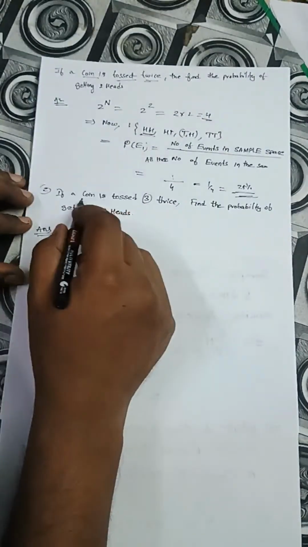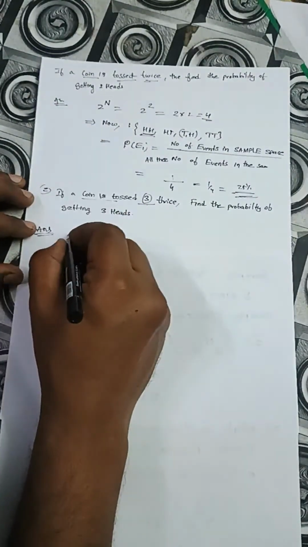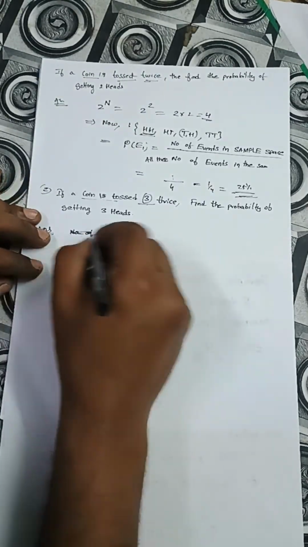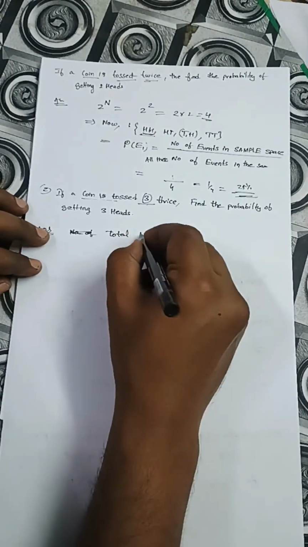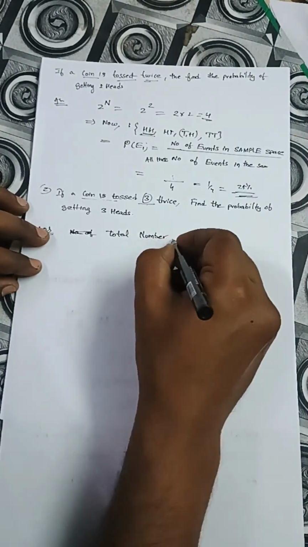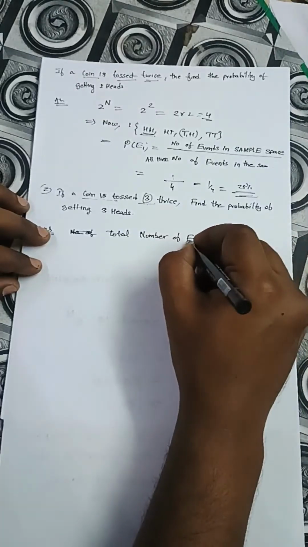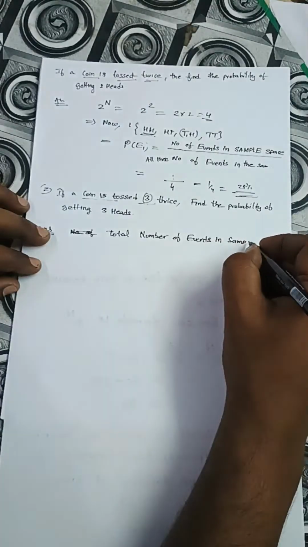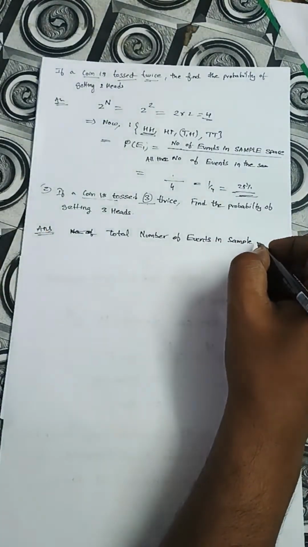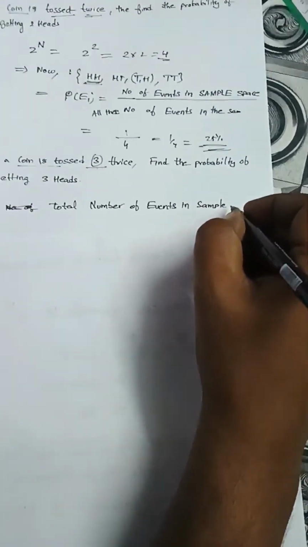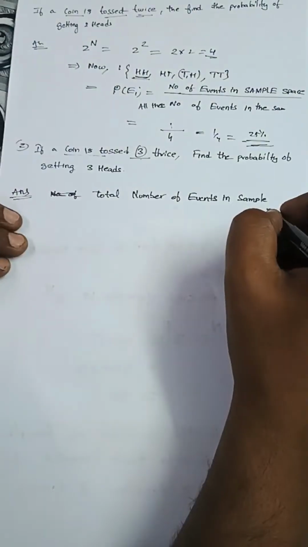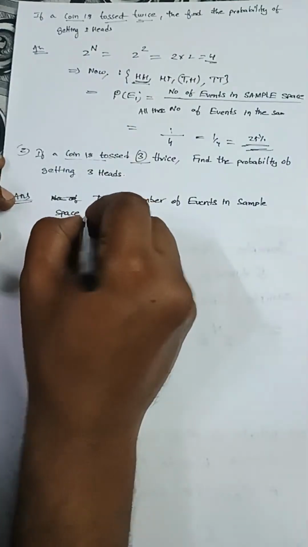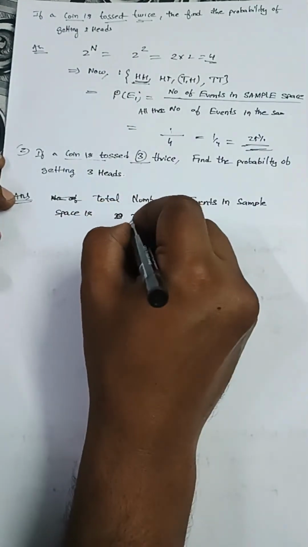देखिए, a coin is tossed thrice. So the total number of events in the sample space is 2 power n.